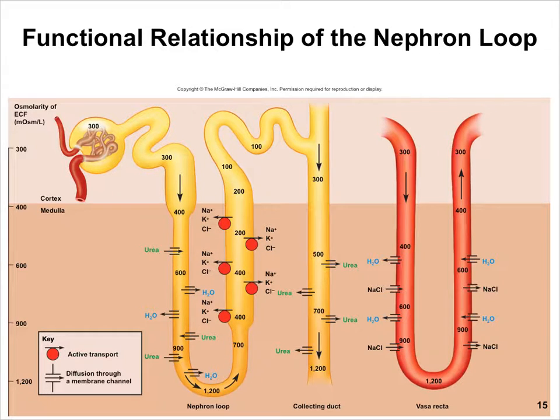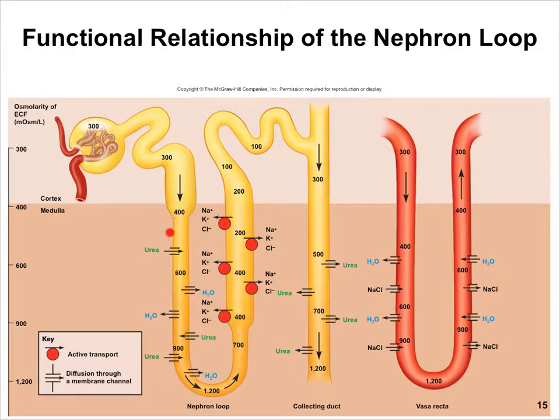This is just a picture showing you what is absorbed where, as well as what the osmolarity of the solution is. You can see here that the initial filtrate has an osmolarity of 300. That's pretty dilute. By the time you get to the loop of Henle, it's still basically at about 300.